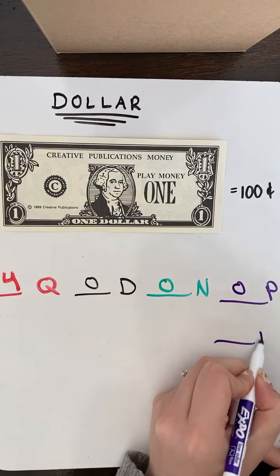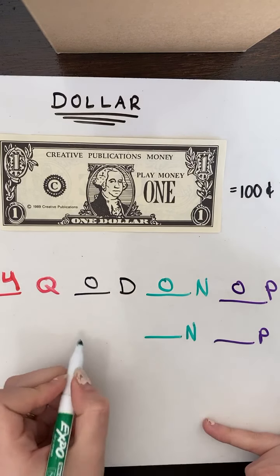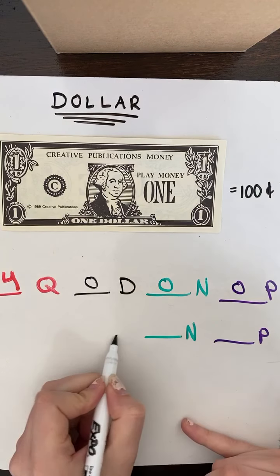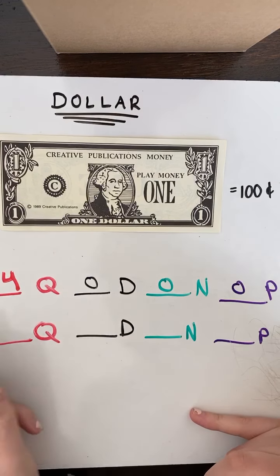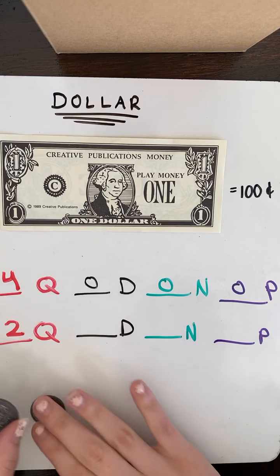But what if I did it another way? What if I said instead of 4 quarters, I said 2 quarters? 2 quarters was worth 50. 25, 50.